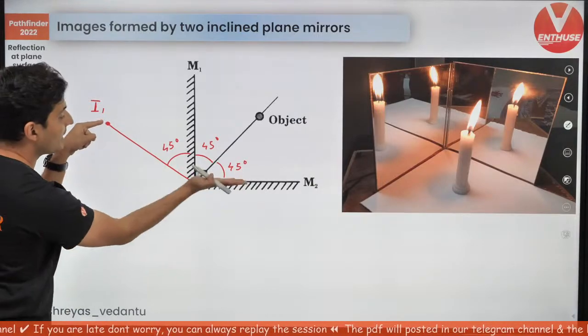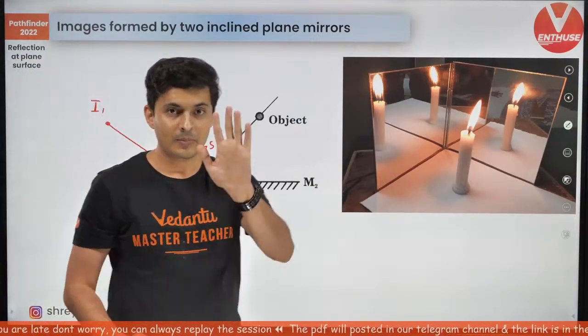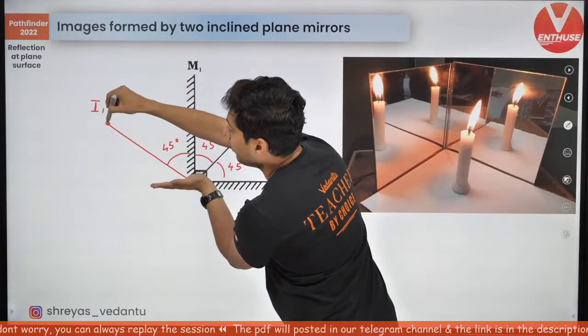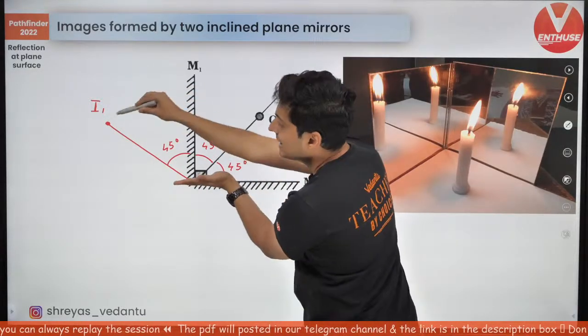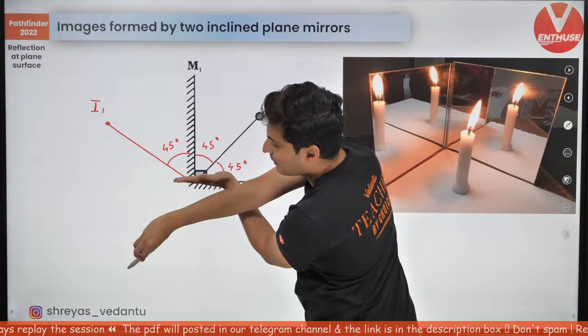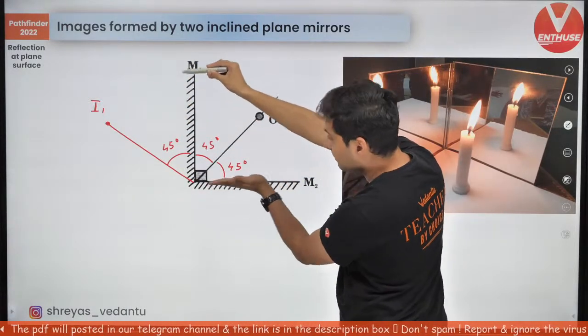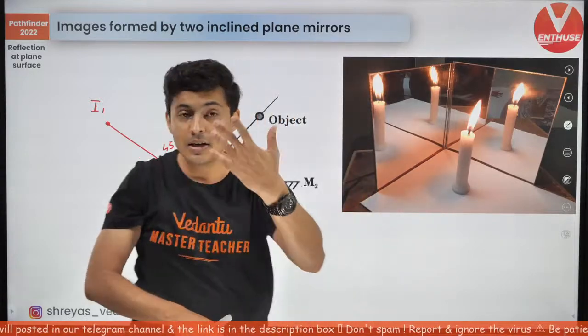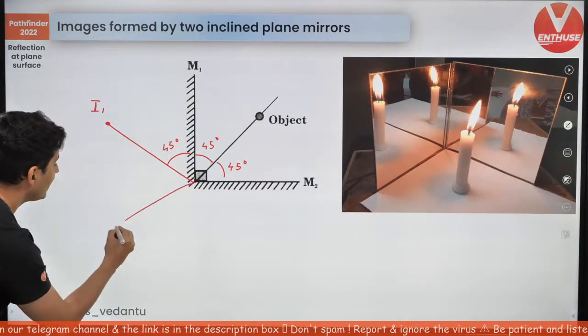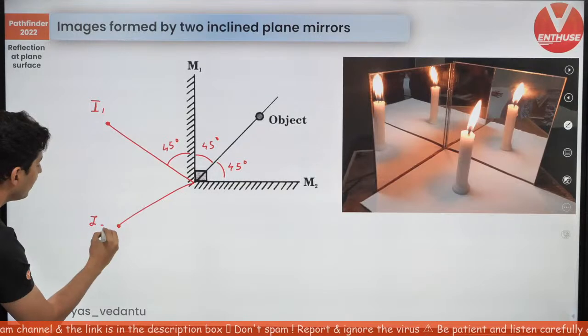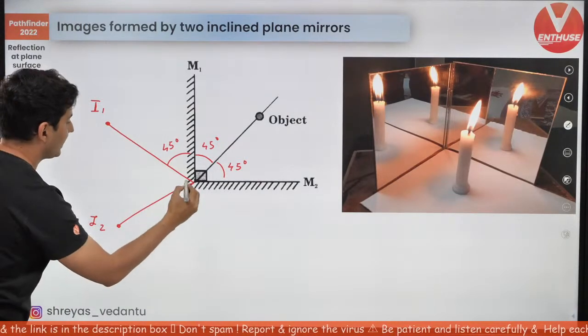So, is this image in front of the mirror? I'll repeat. Is this point in front of the mirror? Yes, it is. So, it will be reflected behind the mirror. This object is in front of this mirror M2, will be reflected behind the mirror. So, hence, you will see another reflection right over here. This will be the next one.